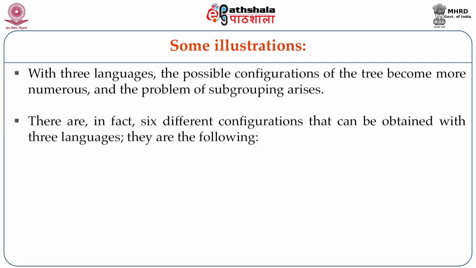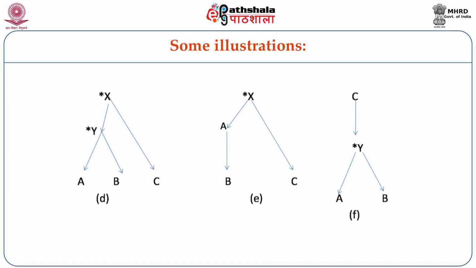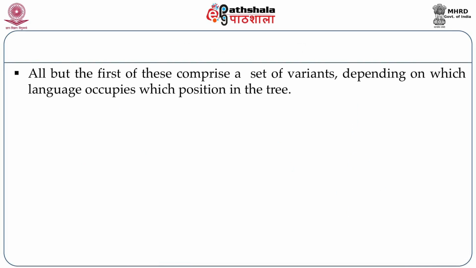They are the following. So you can see here that 6 possibilities are given. All but the first of these comprise a set of variants depending on which language occupies which position in the tree.